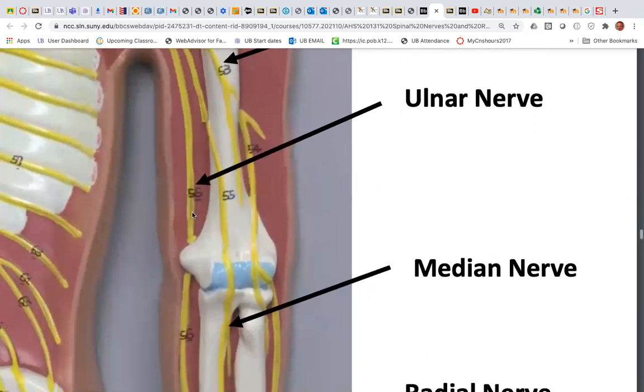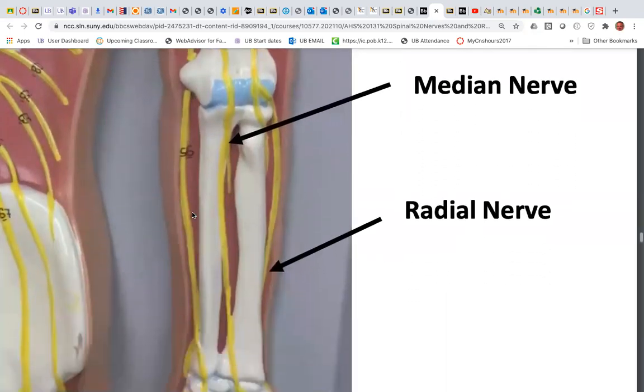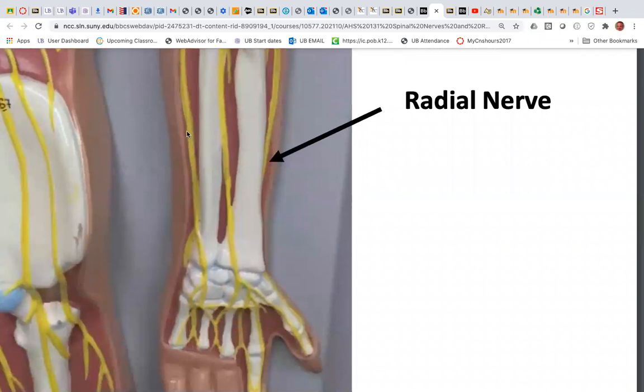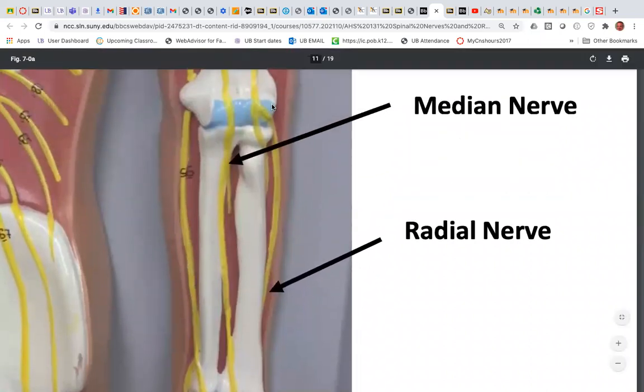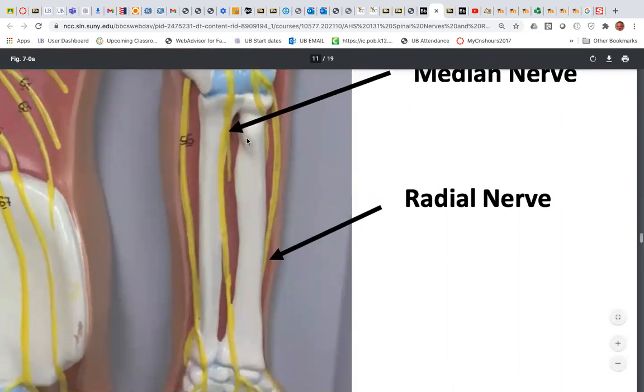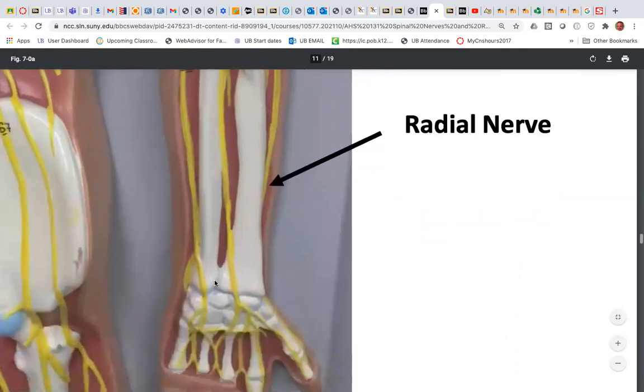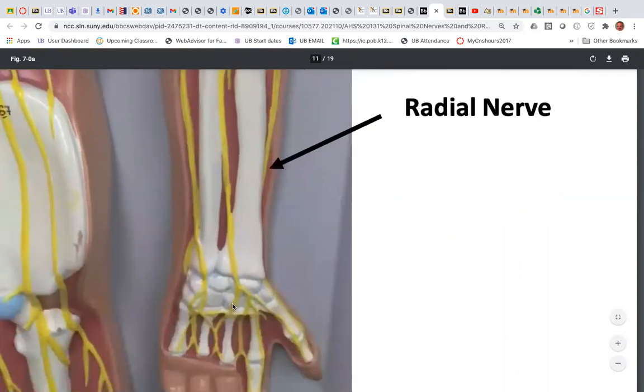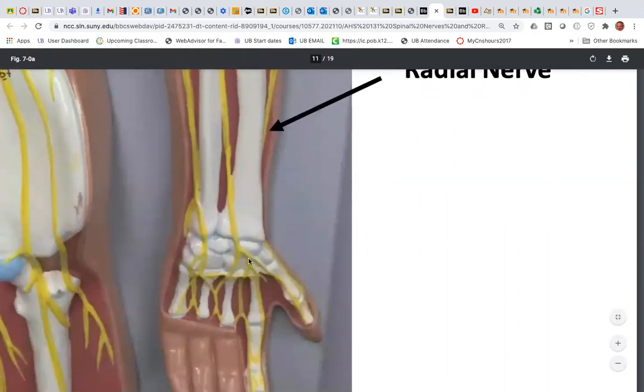So you could see number 56 coming all the way down here on the ulnar side, that's ulnar nerve. And then you could see the radial nerve following the radial bone. There's the head of the radius. And right in the center between them both is the median nerve. This is the one that's involved with carpal tunnel syndrome. And it goes to the 1st, 2nd, 3rd, and half of the ring finger.